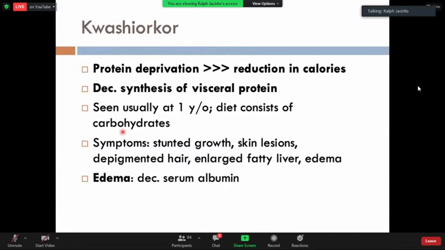The symptoms would be stunted growth, skin lesions, depigmented hair, enlarged fatty liver, and edema. Now the edema here is because of the decreased synthesis of visceral proteins, for example albumin. So there would be a decrease in capillary oncotic pressure in the blood. As a result, fluid now shifts towards the interstitium, resulting in edema.